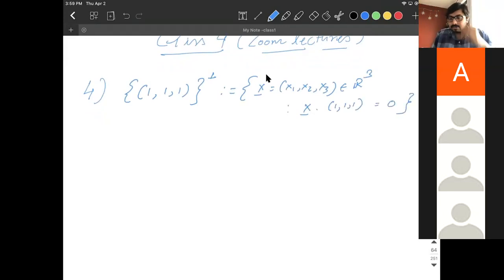Remember that in the first test, we had shown that this sort of sets were subspaces.